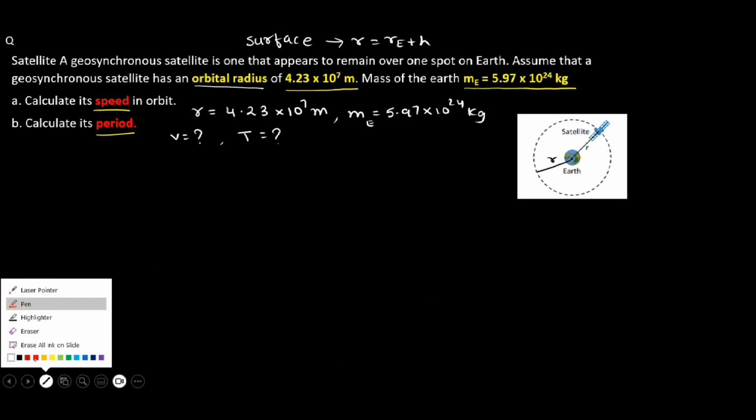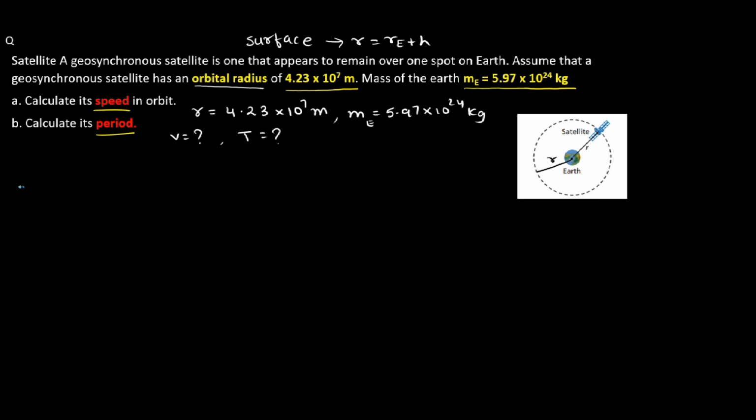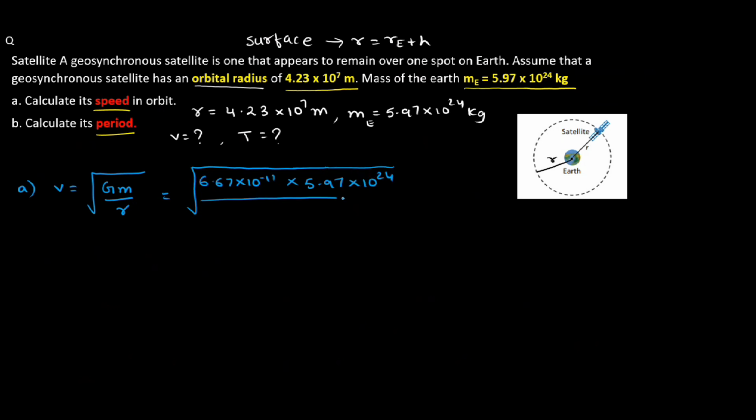So let's use the same rule for v. Orbital speed v is square root of capital G m over r. You can substitute for G as 6.67 times 10 to the power negative 11, mass of the Earth is 5.97 times 10 to the power 24, divided by the distance r.